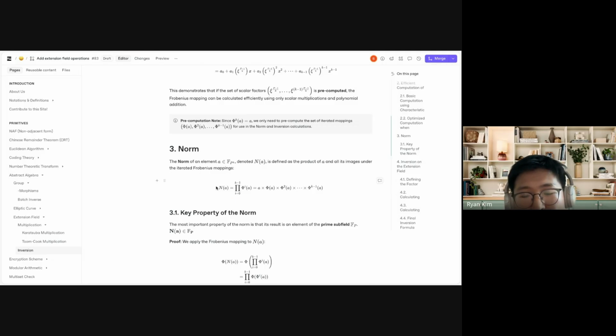So norm is defined by this. Norm of A, where A is in the extension field, will be defined like that. You multiply all of the Frobenius mapping values. So technically this will be phi to the 0 of a, phi 1 of a, phi 2 of a, up to phi to the k minus 1 of a.